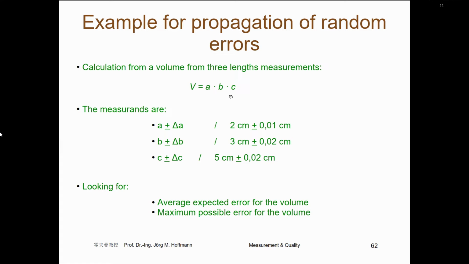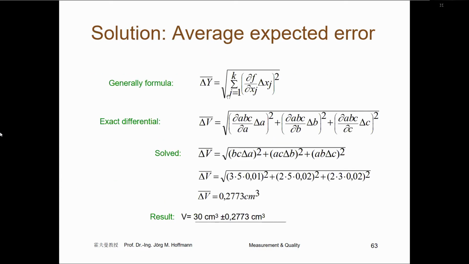But when you have other mathematical connections, it can be that it is not so clear as in this formula, especially when you have things like powered by a measurement value or divided by a measurement value, then it can be that you have local error maxima. And then it is a little bit more difficult to see this. So how do we work? We have at first the average expected error.